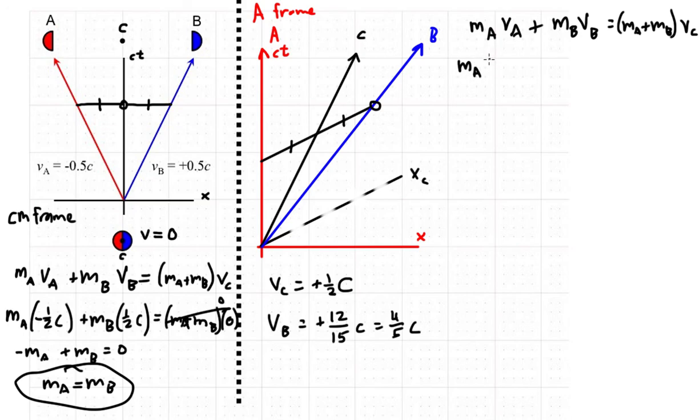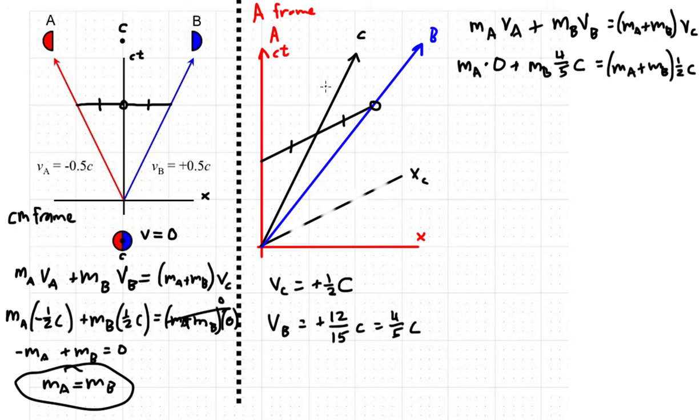We're doing this calculation in A's reference frame, where A has a velocity of 0 and B has a velocity of 4/5 C. So plus MB times 4/5 C equals (MA plus MB) times 1/2 C, because that's the velocity of the center mass in this reference frame.